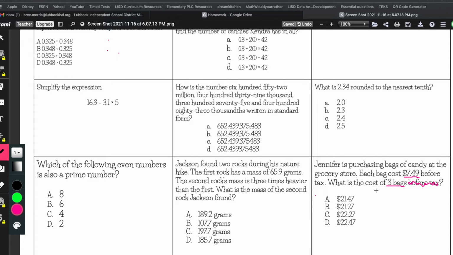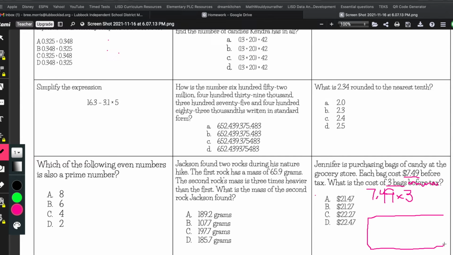You are saying I have 3 bags, each one costs $7.49. So my first bag was $7.49, the second bag was, and the third bag. This is multiplication. 7 and 49 hundredths times 3. Okay, let's set it up.